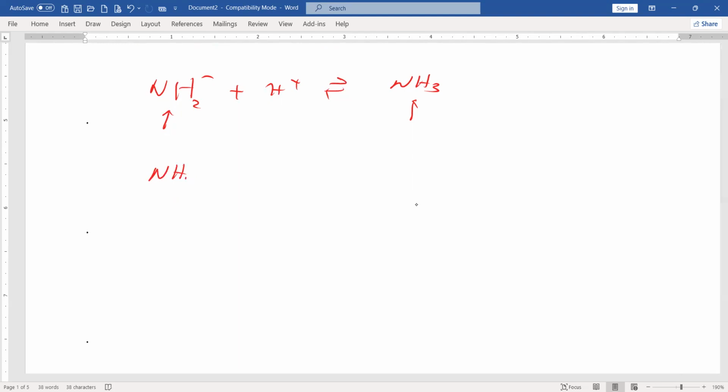NH4NO3, ammonium nitrate, will give us actually sodium nitrate and ammonia.